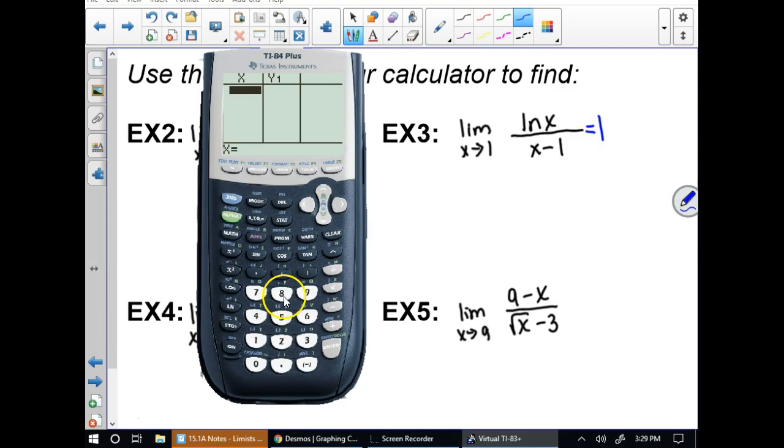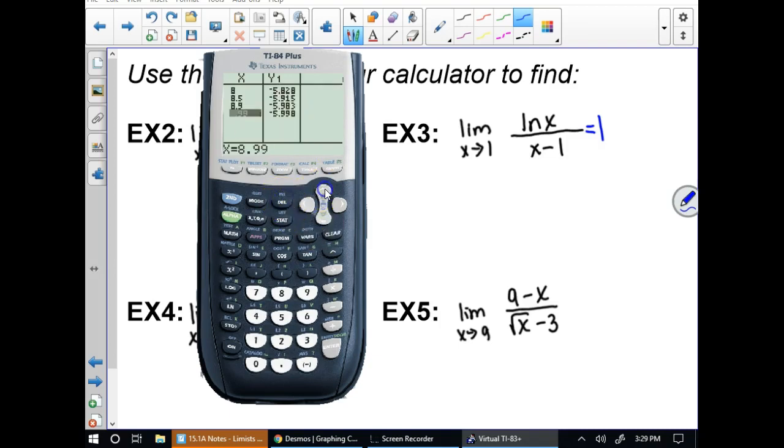So from the left, we would start with lower numbers like 8. And then 8.5, 8.9, 8.99, 8.999. And you can see here, you're getting closer and closer to negative 6. Right here, this is not actually negative 6, but it's really close. So from the left, we certainly appear to approach negative 6.